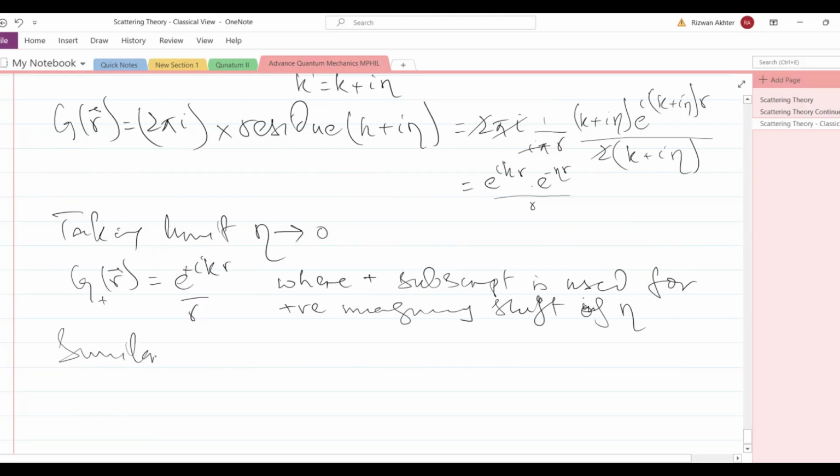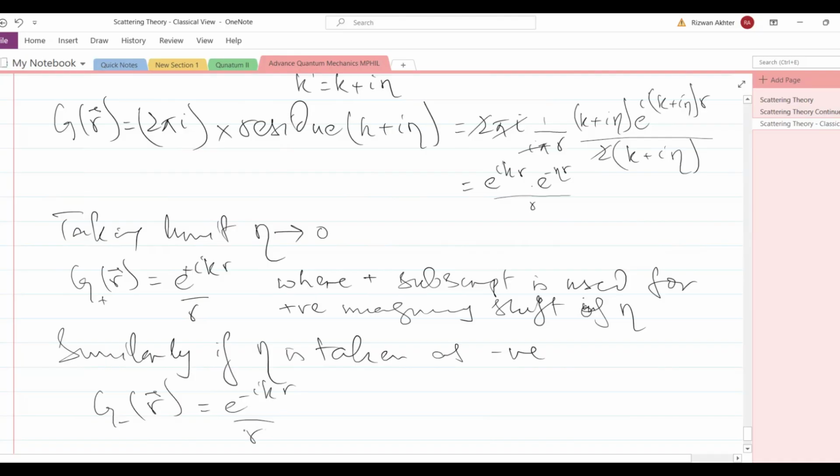Similarly, if eta is taken as negative, so what will happen? G minus of r will be equal to e to the power minus iota kr over r.